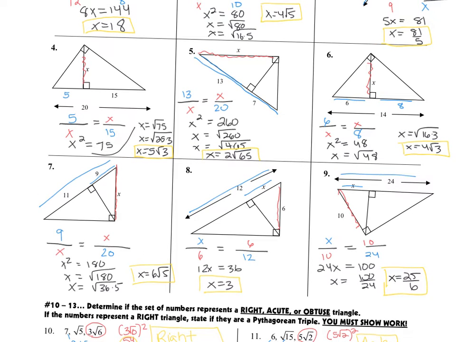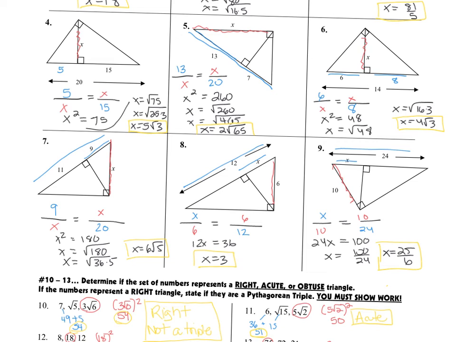All right, in 7, 8, and 9, number 7, we can see that this is a leg problem, and so there's my x and x there for the mean, and then I have this part is 9, that goes here, and then I need this whole part, and I'm told this is 11, so that makes this a 20.